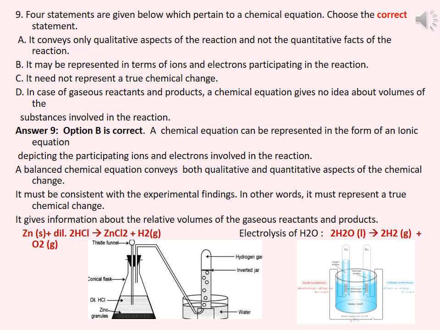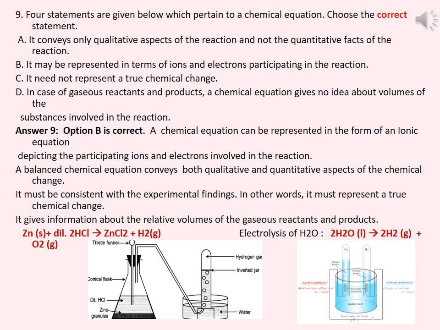They can also be written in the form of ions instead of the whole molecule. If the compound is an electrovalent compound, it can be represented in the form of ions. Thereby, exchange of electrons can be shown. So, you will have an equation in which the reactants and products are represented as ions and also electrons which participate in the reaction. So, statement B is correct.